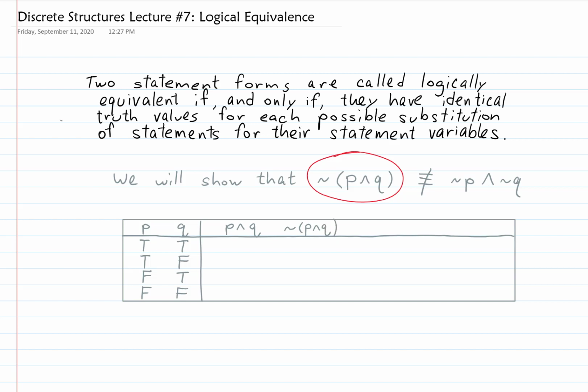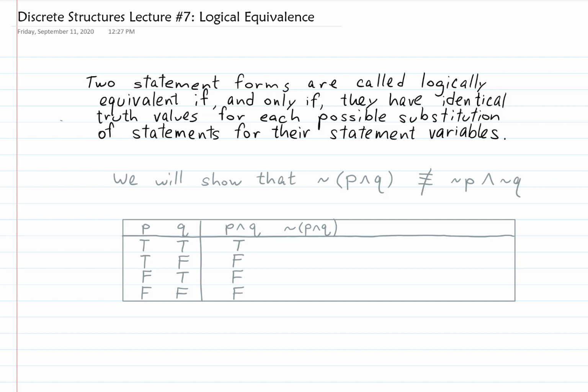Okay, so P and Q is a conjunction. I showed you yesterday how to fill in a truth table for a conjunction. It is only true when both components are true. So when P is true and Q is true, P and Q will be true. Otherwise, in all the other 3 combinations, P and Q will be false. It's only true if both parts are true.